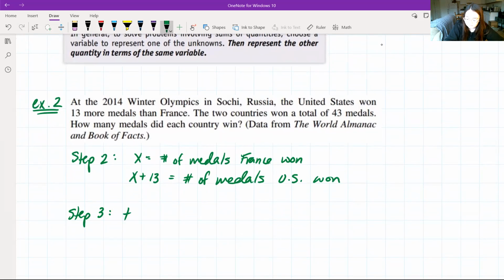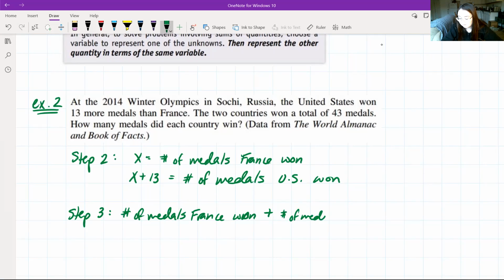So we know that the number of medals that France won plus, so our operator plus, because we're working with the sum, plus the number of medals the US won.